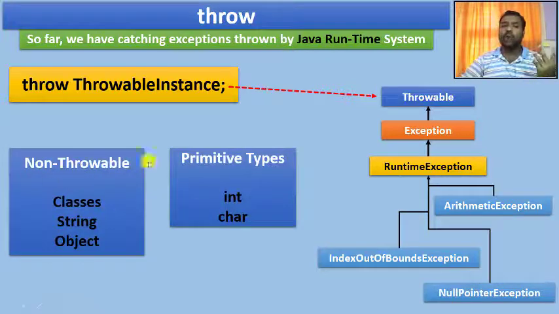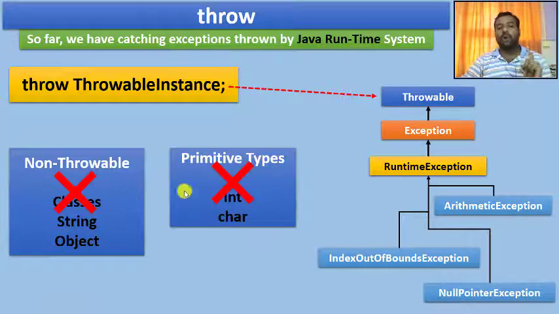But if we talk about non-throwable objects, something like objects of any other classes or the object of String or any object, you are not supposed to pass this as a parameter, or throw this as an exception object. And even the primitive types, something like int, char, double, float, you are not supposed to throw any variable of the primitive types either.